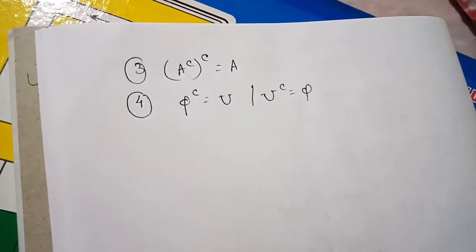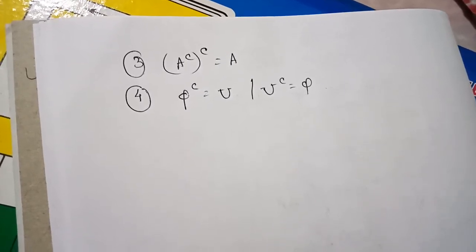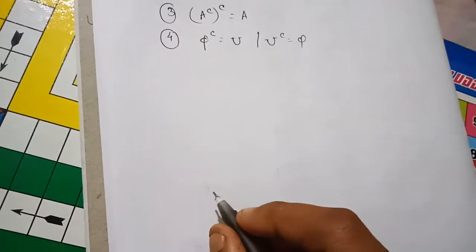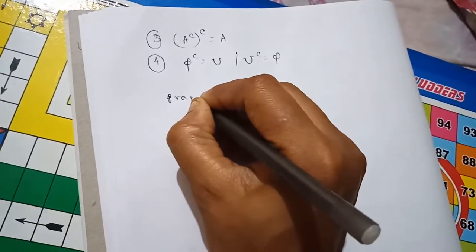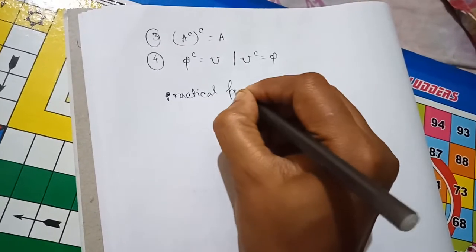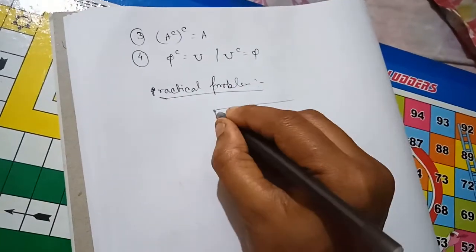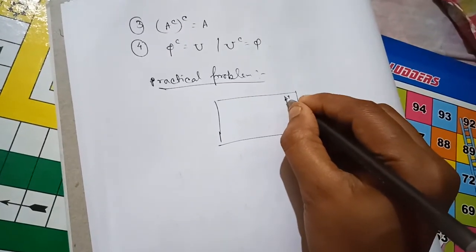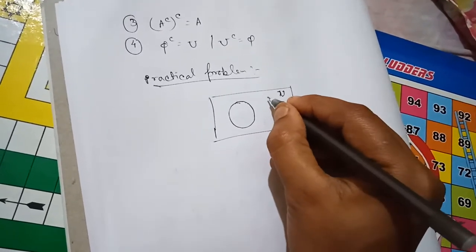Now we will go towards some practical problems on union and intersection of two sets. For that reason we need to draw a universal set and two sets.